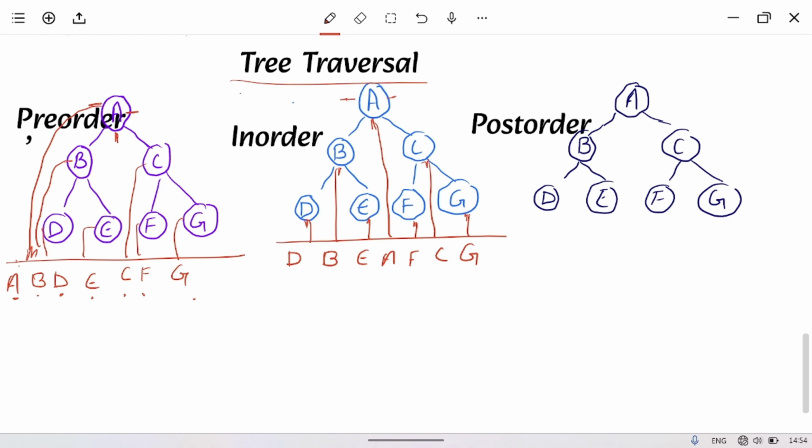I guess you understand what we will do for post-order traversal. Yes, connect the line from the right hand side to the bottom line. This is right hand side, right hand side, right hand side.